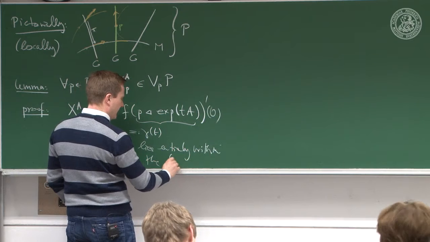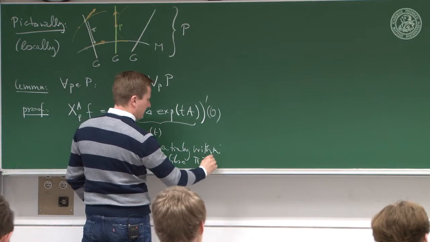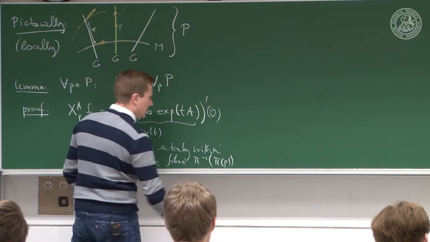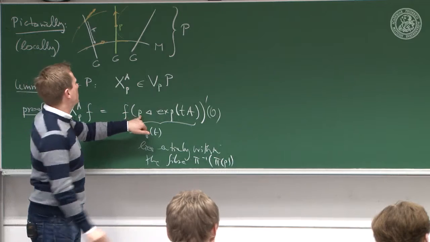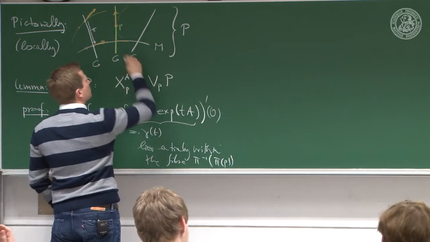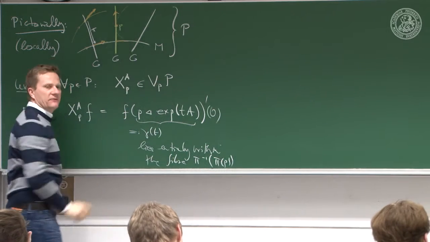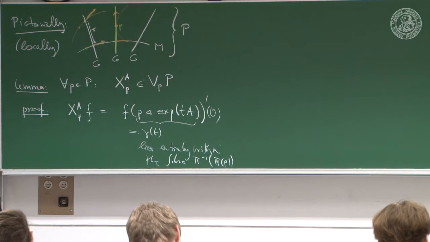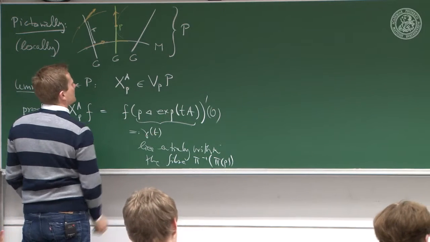within the fiber π⁻¹(π(p)), right? Because action on a certain point by the group only pushes the point in the fiber. We used this several times already in these lectures. So that lies entirely in there.